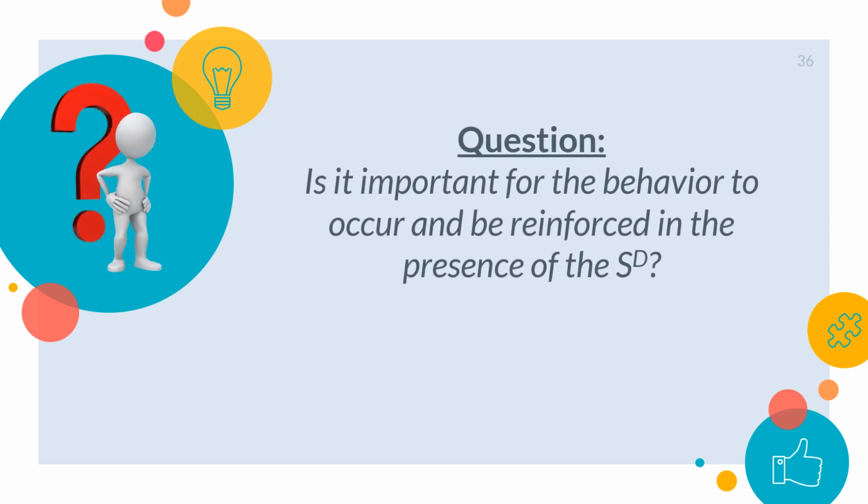On your homework sheet, fill in the following question. Is it important for the behavior to occur and be reinforced in the presence of the SD? I'll now give you some time to get that question filled in.